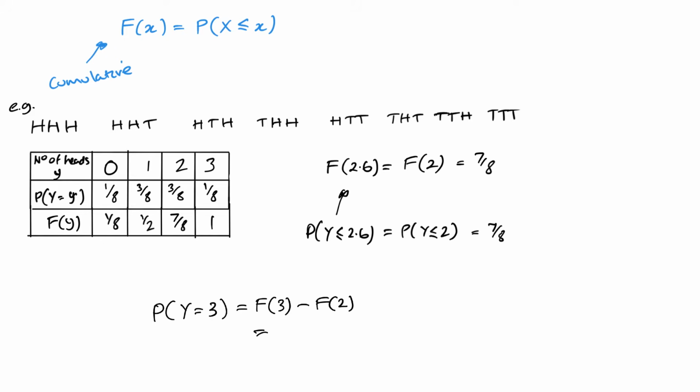So in this kind of case, you can always go backwards as well if you're given the cumulative function rather than the probability distribution function. So this is a probability distribution function, PDF, and this is the cumulative distribution function, CDF. Small f, capital F.